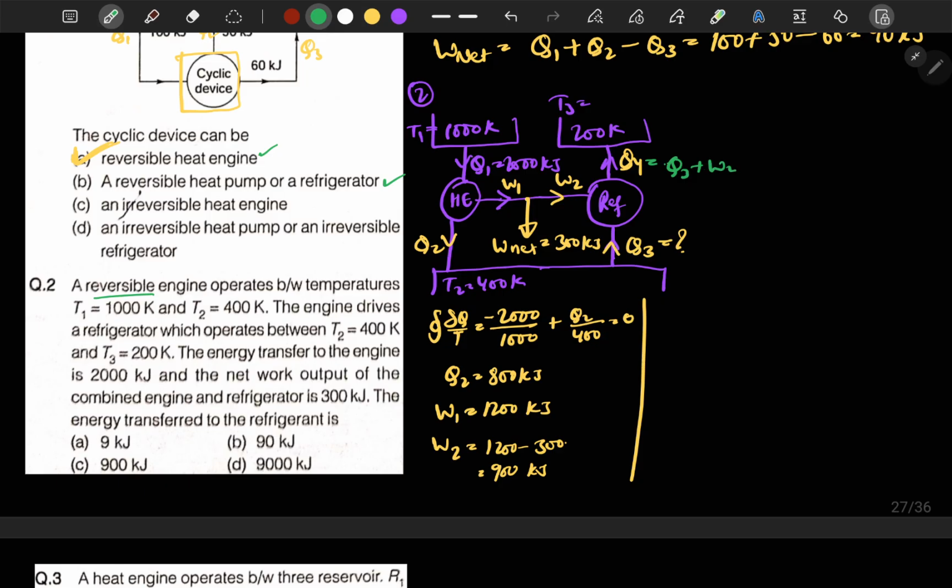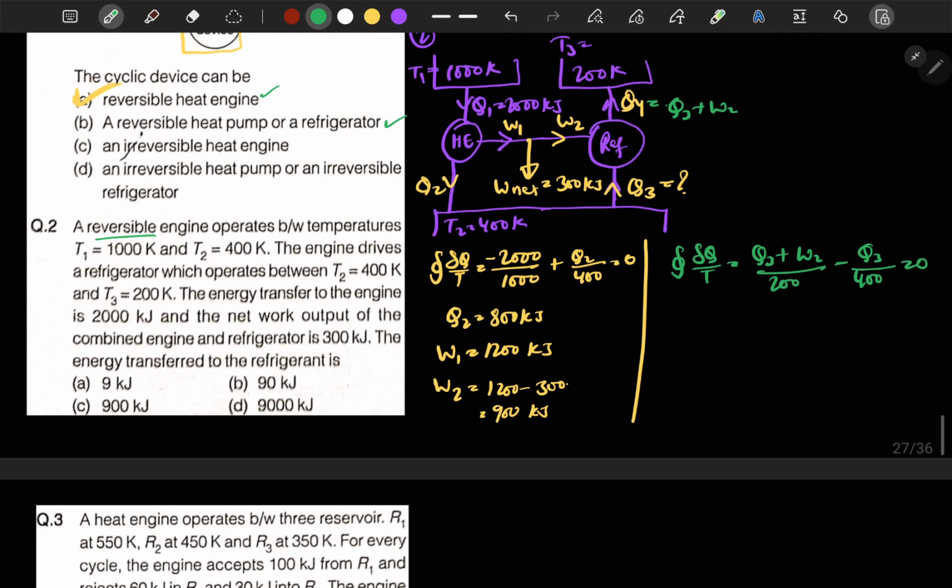Now if we apply the inequality for a reversible system here also, we get (Q3 plus W2) upon 200 minus Q3 by 400 is equal to 0.